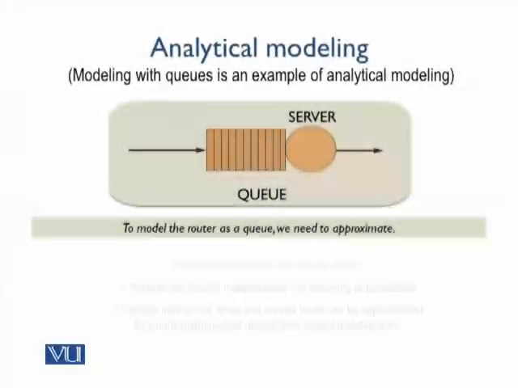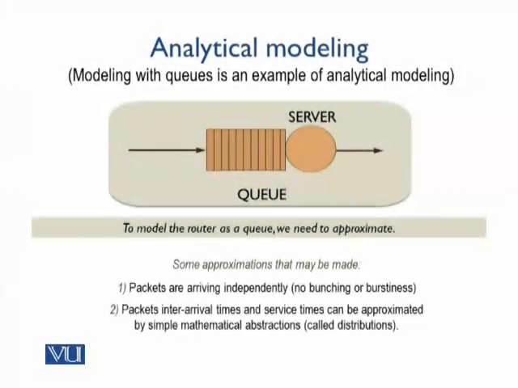Another approximation that we would do is, instead of thinking of the actual pattern of incoming packets, we would abstract it with a mathematical distribution. So we would actually be studying mathematical distributions. It's just an abstraction. Instead of dealing with actual data, we say the data has this characteristic, we have modeled it. We create a traffic source ourselves, which will be creating data according to some well-known distribution.